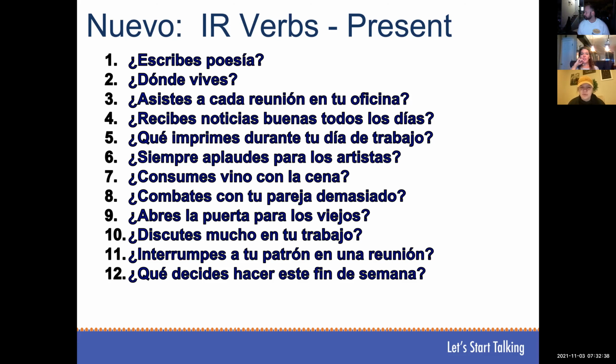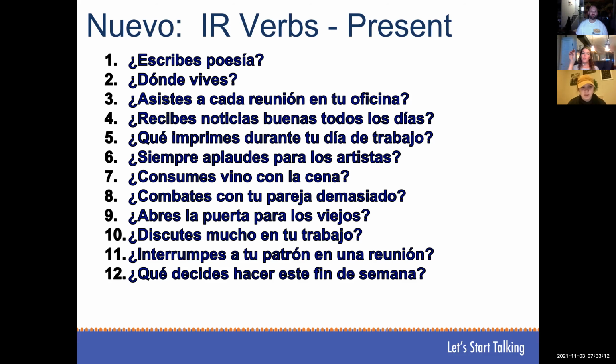Sí, consumo vino con la cena. ¿Combates con tu pareja demasiado? No combato con mi pareja demasiado. ¿Abres la puerta para los viejos? ¿Qué significa abres? To open. Oh, sí. Abro la puerta para los viejos.